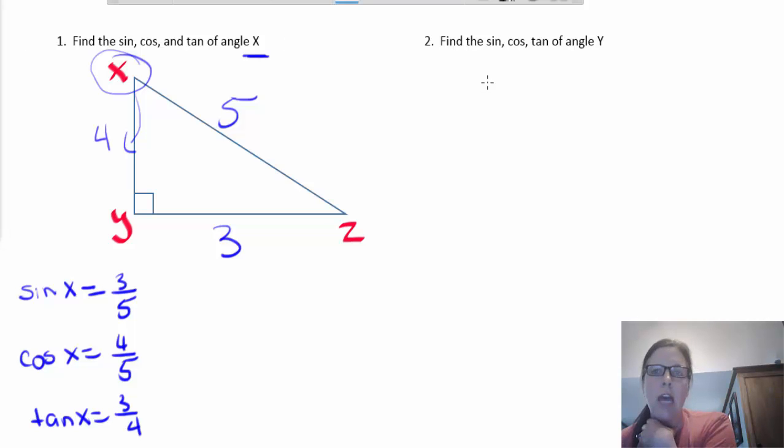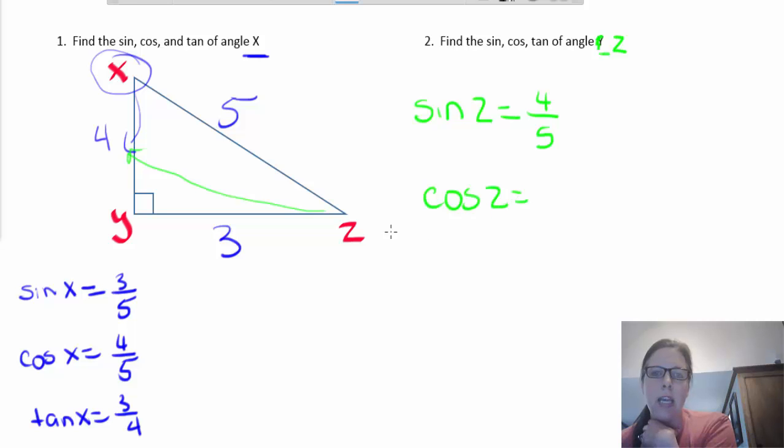Okay? All right. Now, I'm going to change my color here. I'll do green. If we're doing the same thing for angle Y, oh, let's not do angle Y. That doesn't help us any. Let's do angle Z. Okay, I wrote these wrong. So the sine of angle Z would be opposite, again, over hypotenuse, so 4/5.